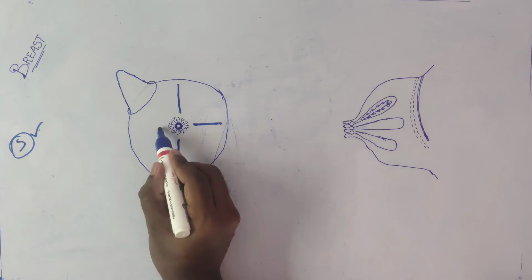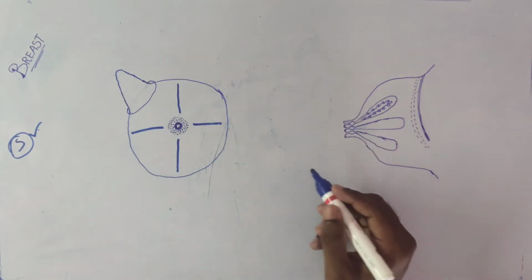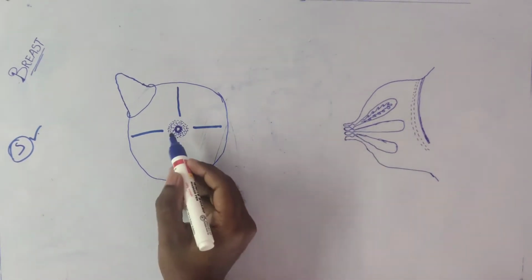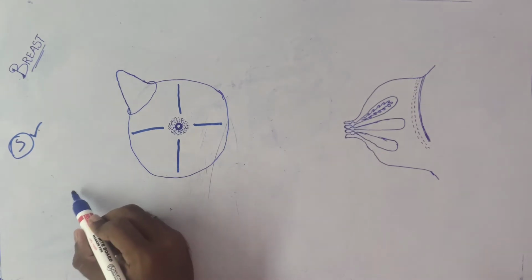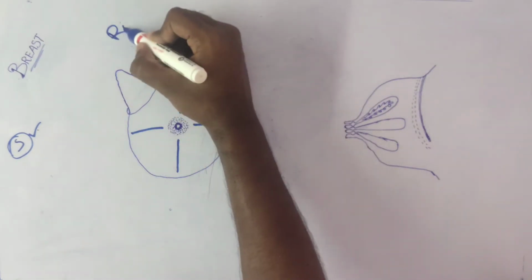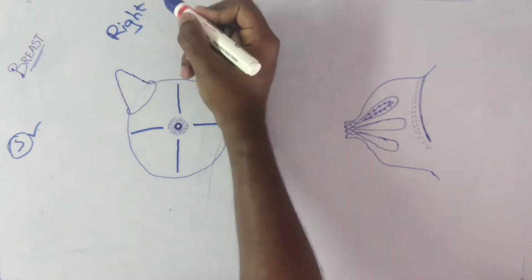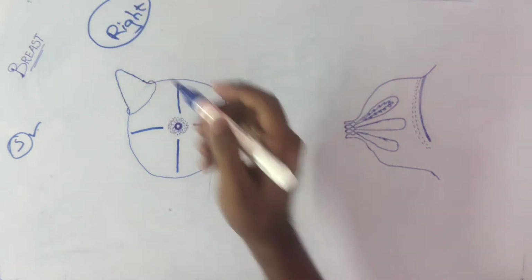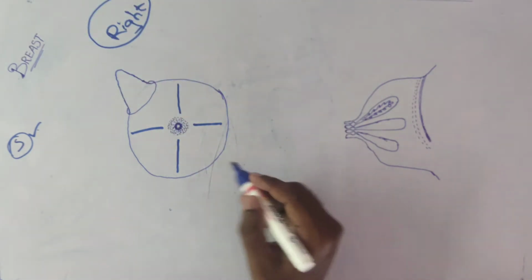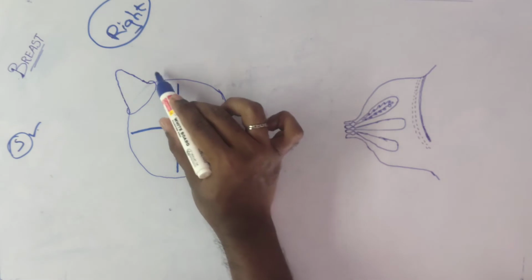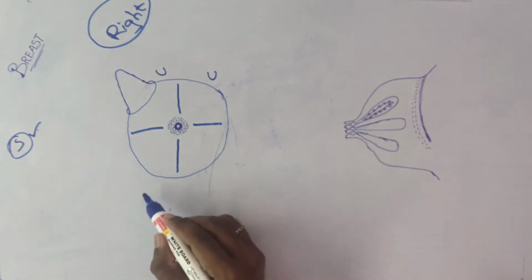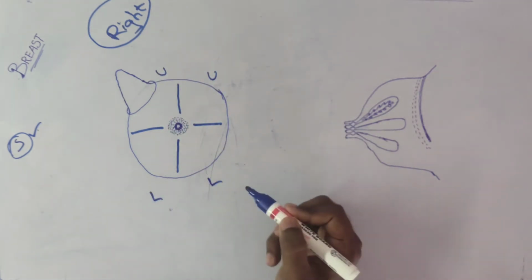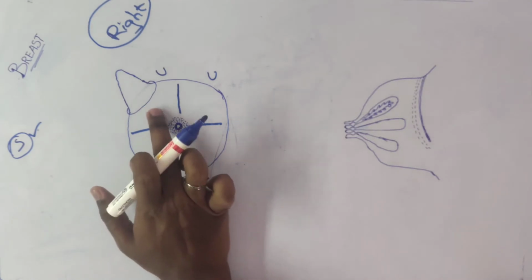Breast is divided into 4 parts except nipple and areola. Think that it is the right breast. Now coming to the point, these 2 are upper parts and these 2 lobes are lower parts. This is the right lobe.